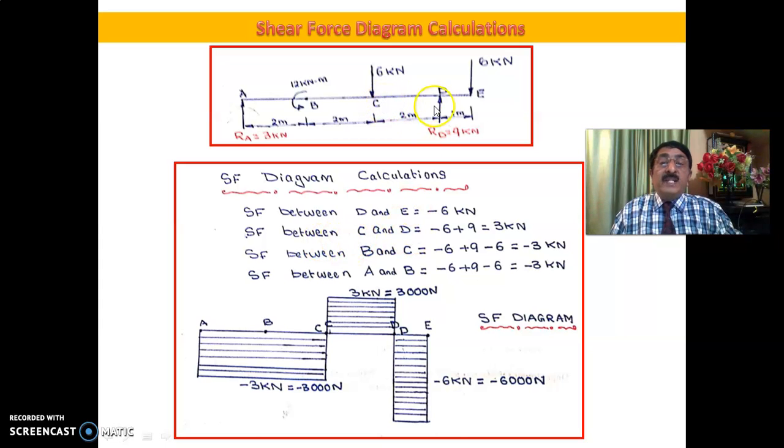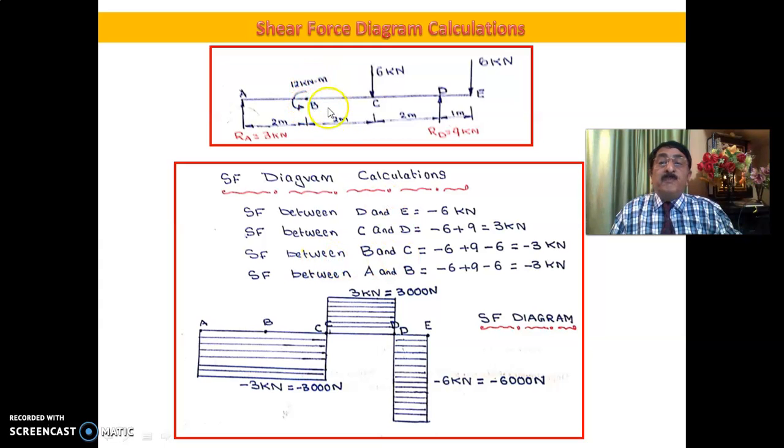Shear force between C and D: to the right of it, downward you take negative, upward you take positive. Shear force between C and D is minus 6 plus 9, which is 3 kilonewtons.